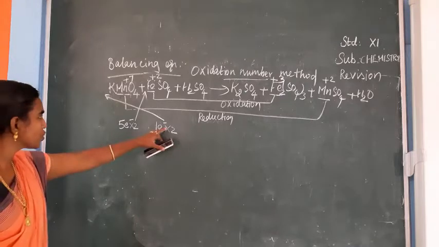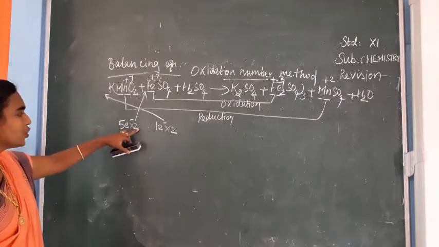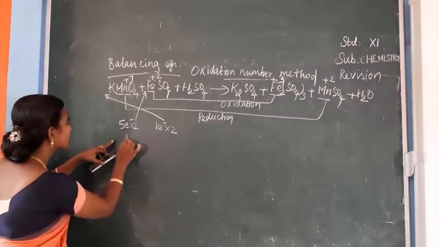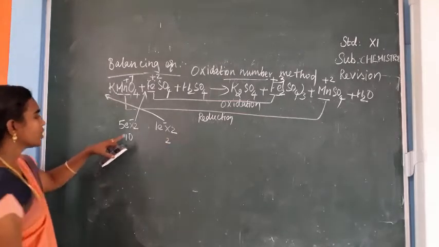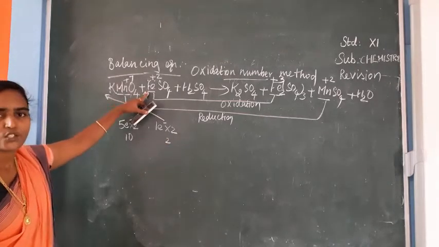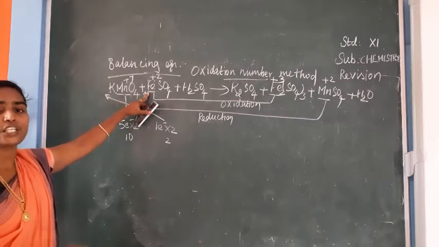So this 2 should be here, and 5 into 2, that is 10, isn't it? So this 10 and here 2. This 10 should be taken here. Can we rewrite the equation again?